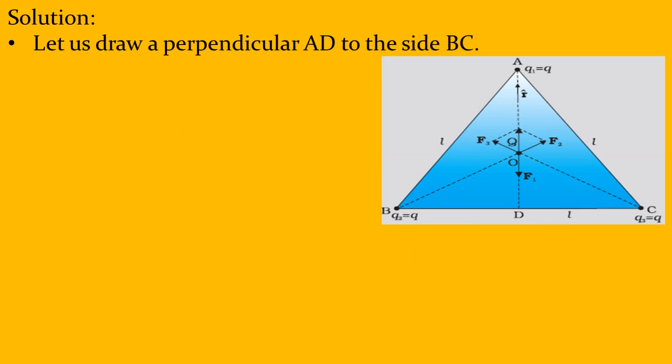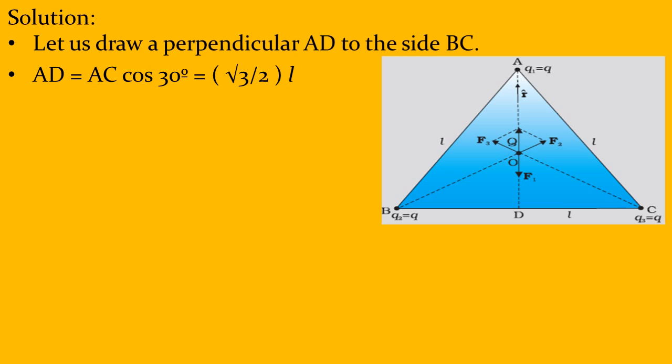Now let us draw a perpendicular AD to the side BC. Now AD is equal to AC cos theta. Why? Because each of these angles is 60 degrees. The perpendicular bisector of the equilateral triangle also bisects the angle.